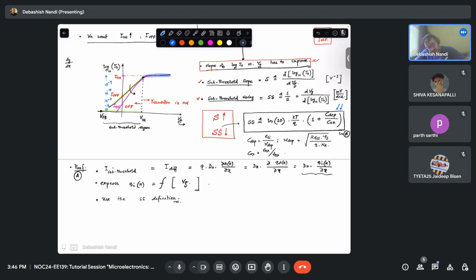For example, if you need any reference for this proof, you can look at Sze's book. Okay, so enough said. Let us just look into this equation carefully.